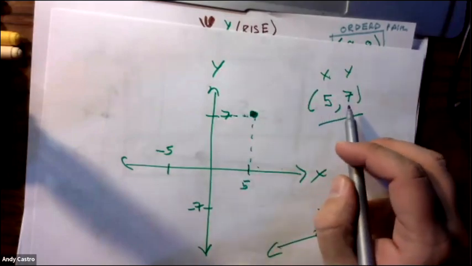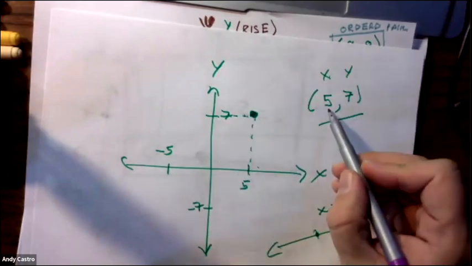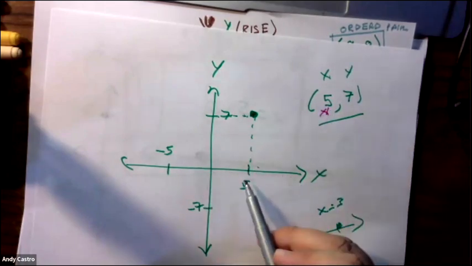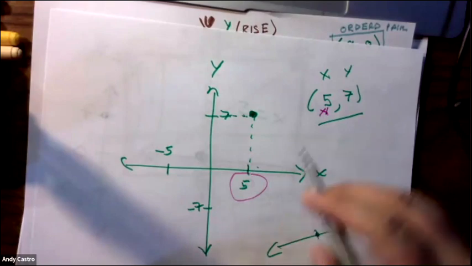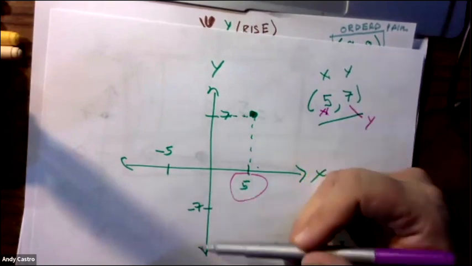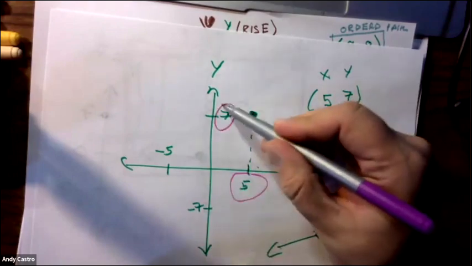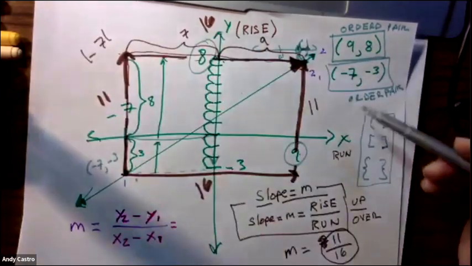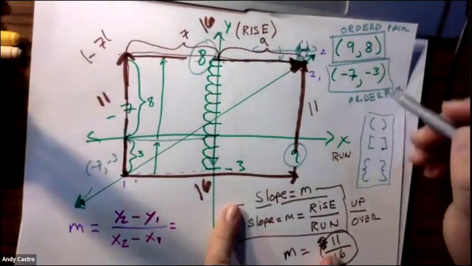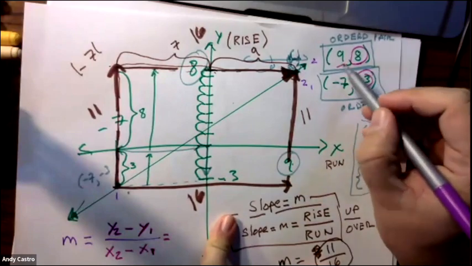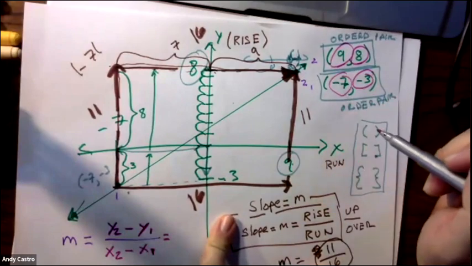So the point 5, 7 on this graph, 5 is the x component, because that's how far you go over on the x-axis. 7 is the y component. That's how far up or down you're going on the y-axis. So for 2 points like this, you have 2 y components and you have 2 x components.